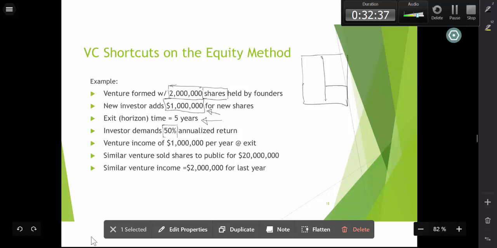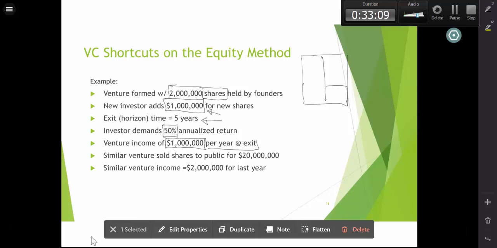Wow, that's very high. 50% annualized return, and there is a target income at the end of year 5 that there will be $1 million of income by that time. So these are the earnings. Okay, doesn't say anything about growth.